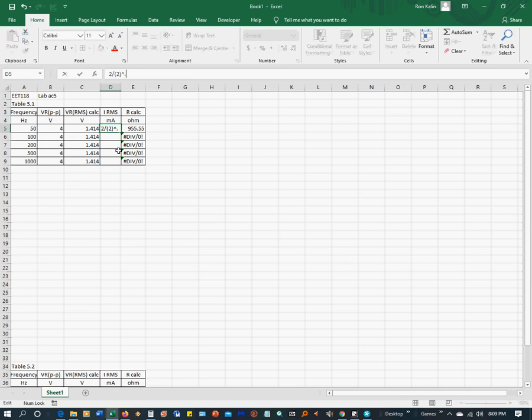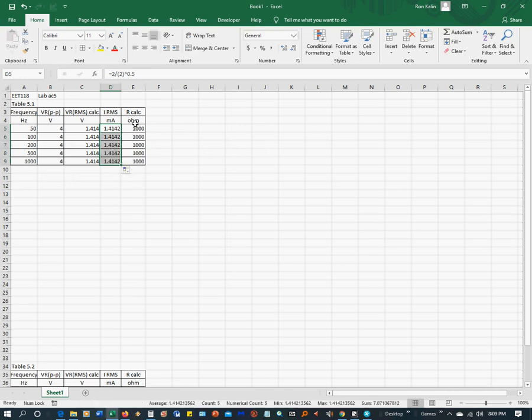I'm going to take that to the half power, which is the square root. I forgot you have to put an equals in front of it. So there it is. It's 1.414 milliamps, and then if you go down the list, there it is.